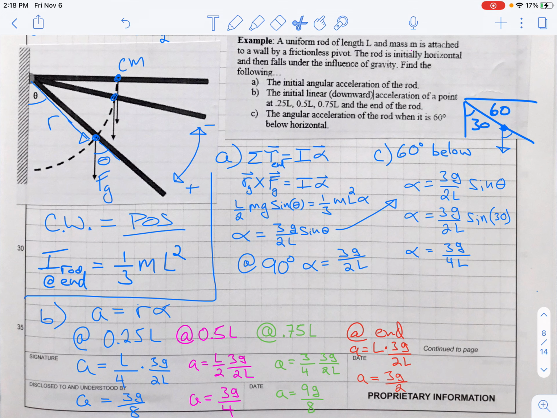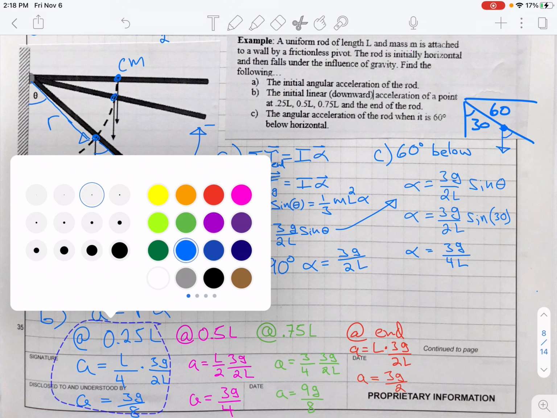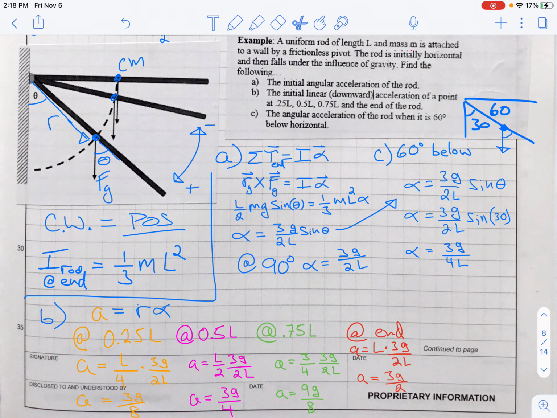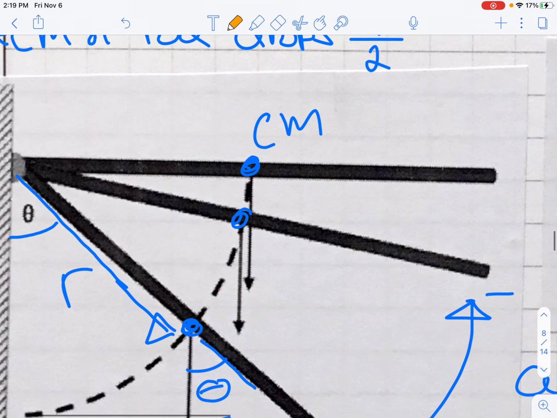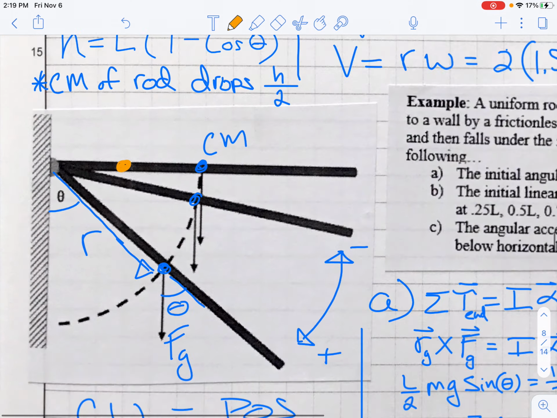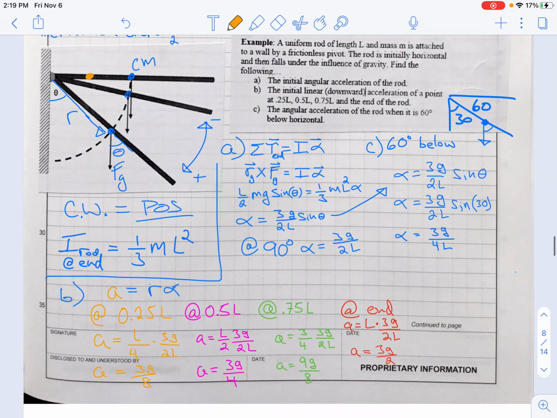And I'll actually take this, which was in blue, and change that just to stick out a little bit. I'll put that in orange. And then I'll make an orange dot here at 0.25 of the way. So we're looking to figure out what's the initial downward acceleration of that point.